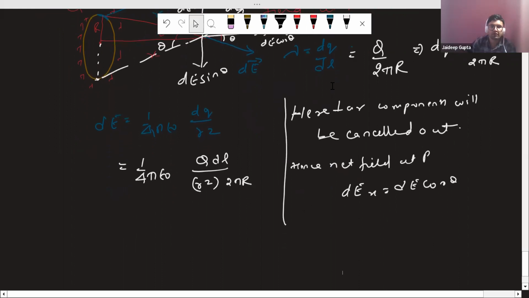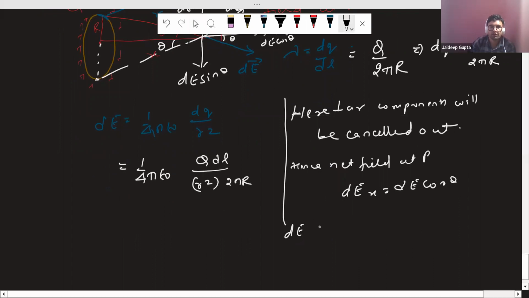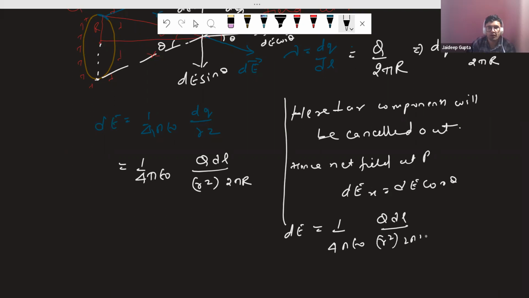Now substitute the value. So dE equals 1 over 4 pi epsilon, q dl over r square 2 pi r. And what is cos theta? Cos theta is x over r.